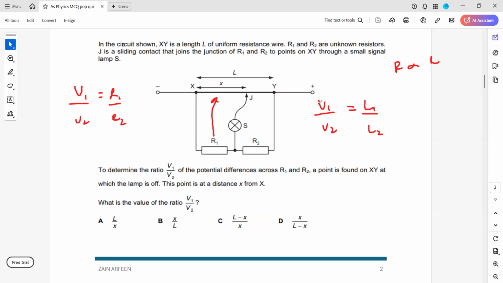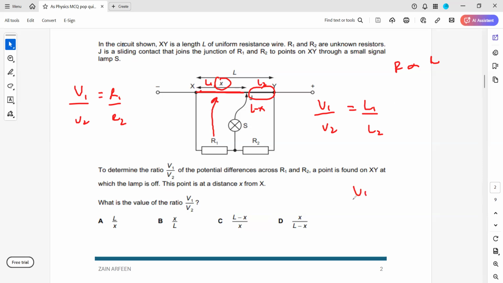The ratio of the resistance or the ratio of the length will be the same as the ratio of voltage. What about length L1? The length L1 is X here. What about length L2? The total length is L and the distance here is X. So what is this length? It will be L minus X, the difference.